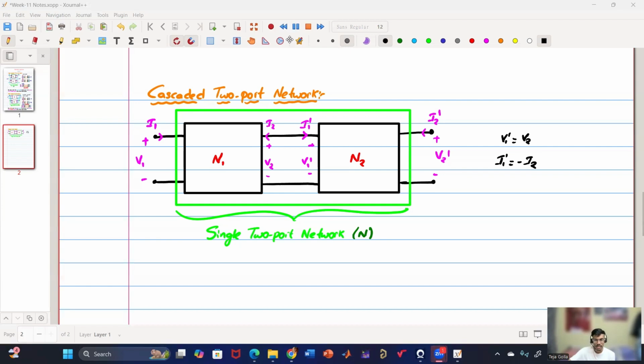Chandrasekhar says Z parameters. What about others? Nandini says ABCD because the output of one network is the input of the other network.